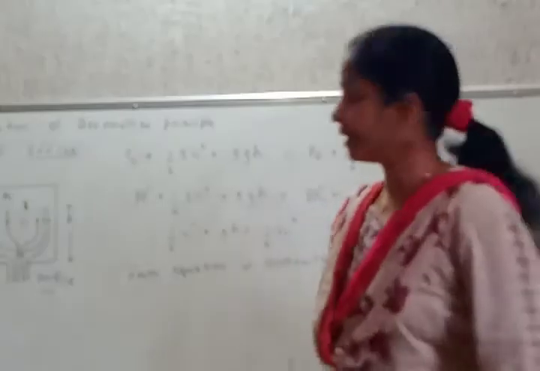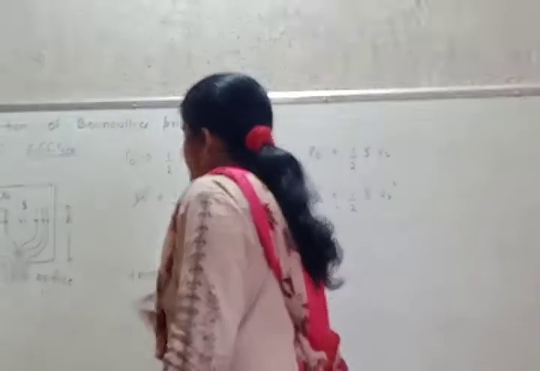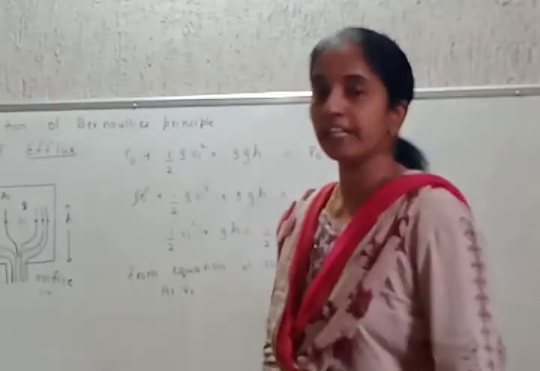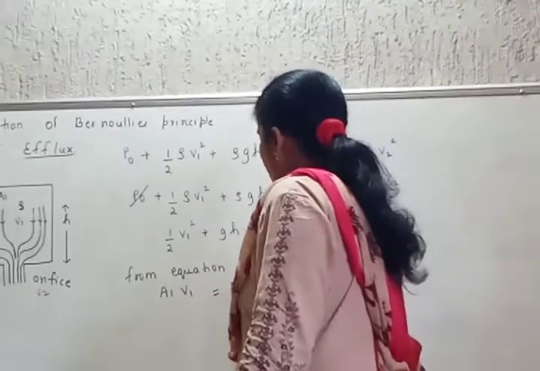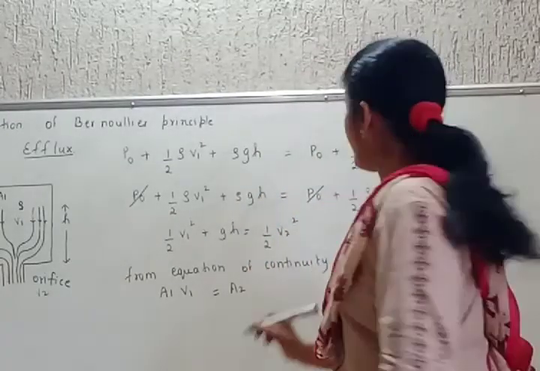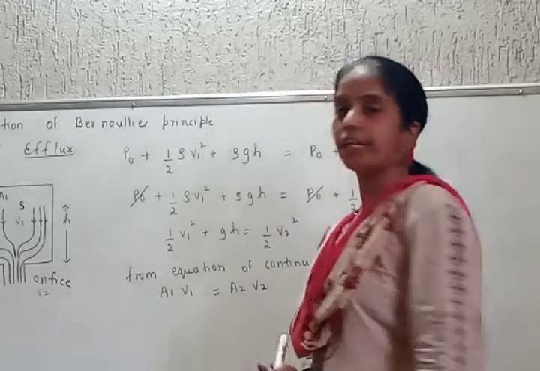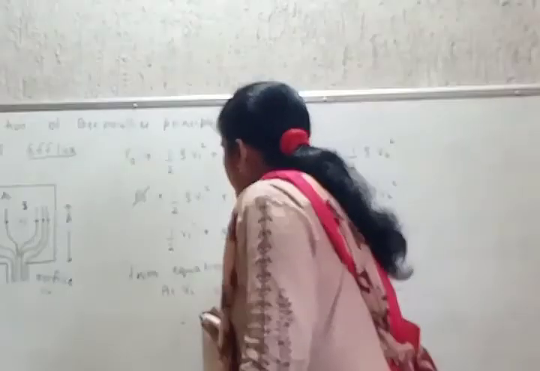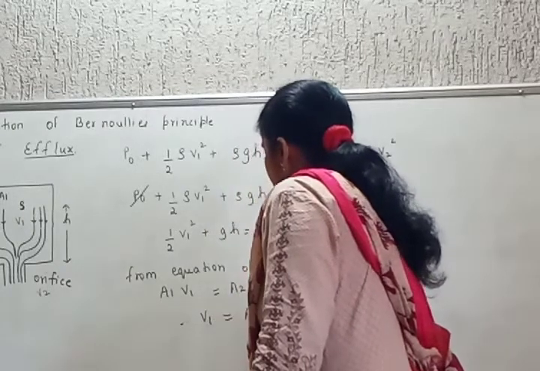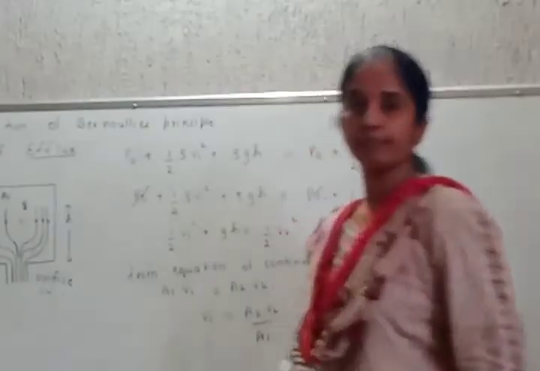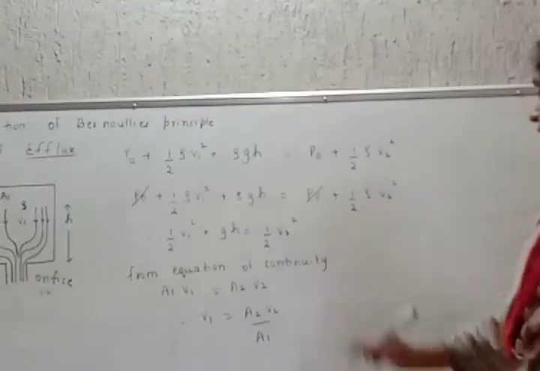From the equation of continuity, A1, the area of cross section of the tank, times V1, the velocity of the fluid inside the tank, is equal to A2, the area of cross section of the orifice, times V2, the velocity of the fluid which comes out. Tell me, what will be V1 here? It will be A2 V2 upon A1. Let us substitute A2 V2 upon A1.